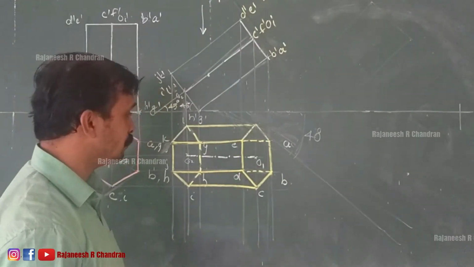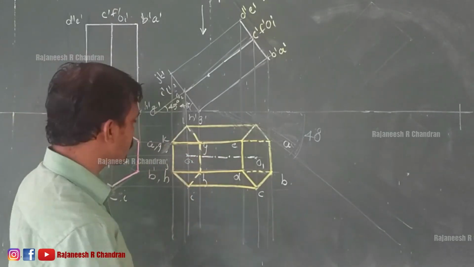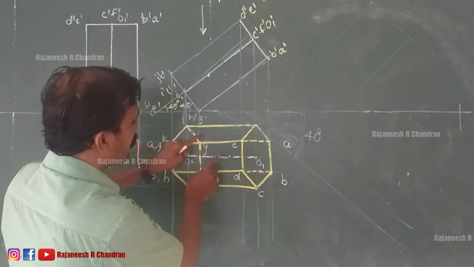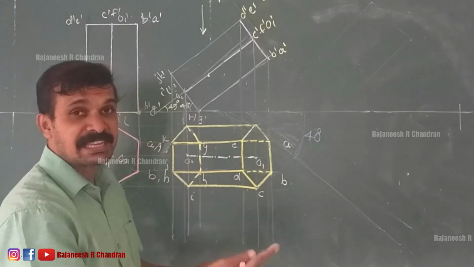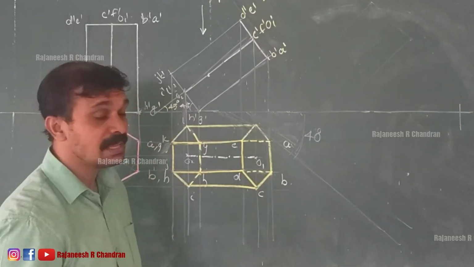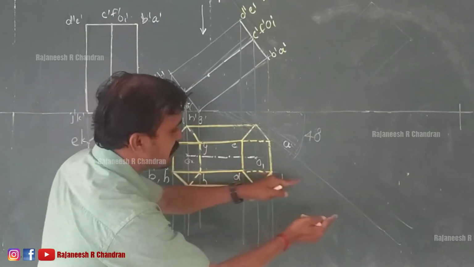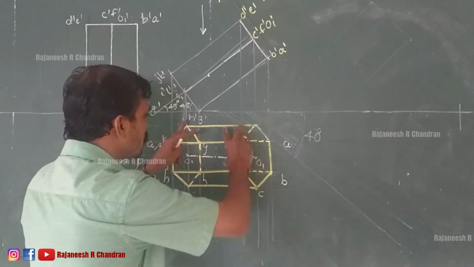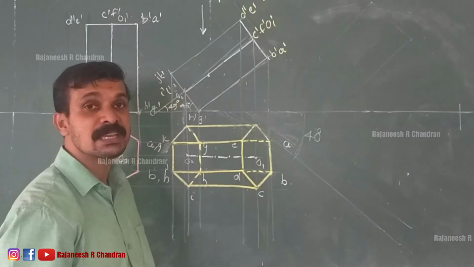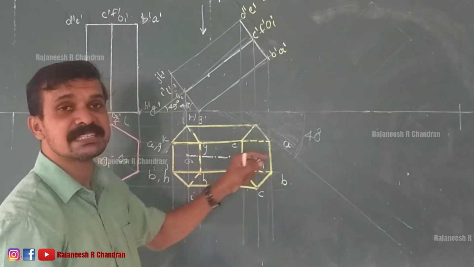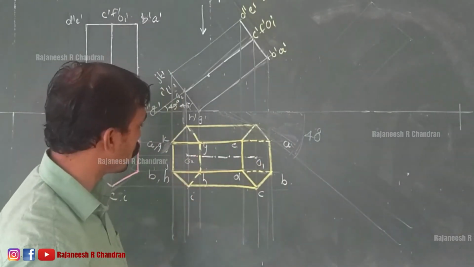So now we have to reproduce this resting at GH. We have to reproduce the entire image at an inclination of 40 degree with VP, and on that inclination, this resting edge GH will come. So we have to reproduce this image with GH inclined at 40 degree. So how can we draw?